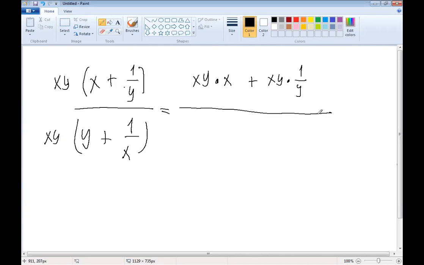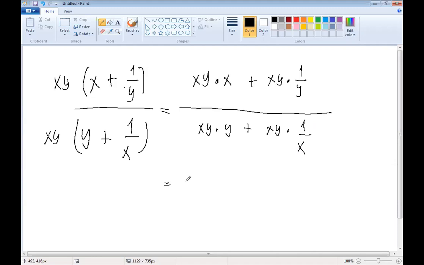And in the denominator, we have xy times y plus xy times 1 over x. Okay? So what will be the result now?